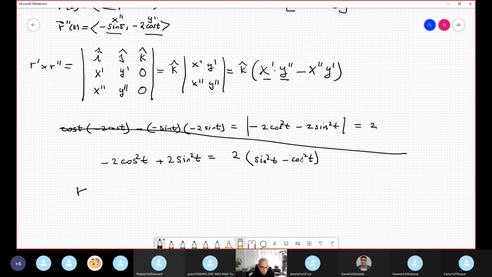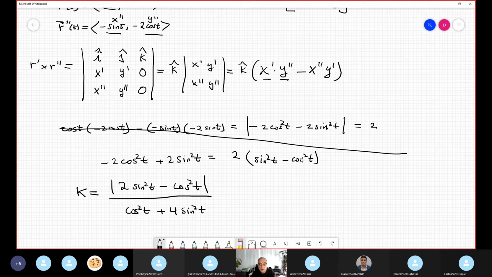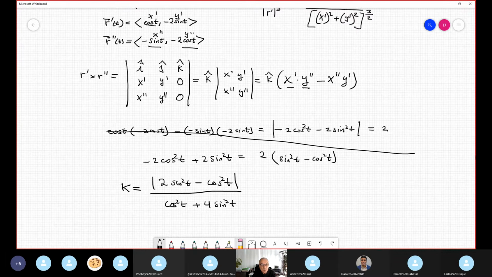Then kappa, the curvature, is the absolute value of this: minus cosine square t divided by something, divided by cosine square t plus 4 sine square t, because it's y prime, and x prime is cosine square, and this is 4 sine square, and everything raised to the 3/2.